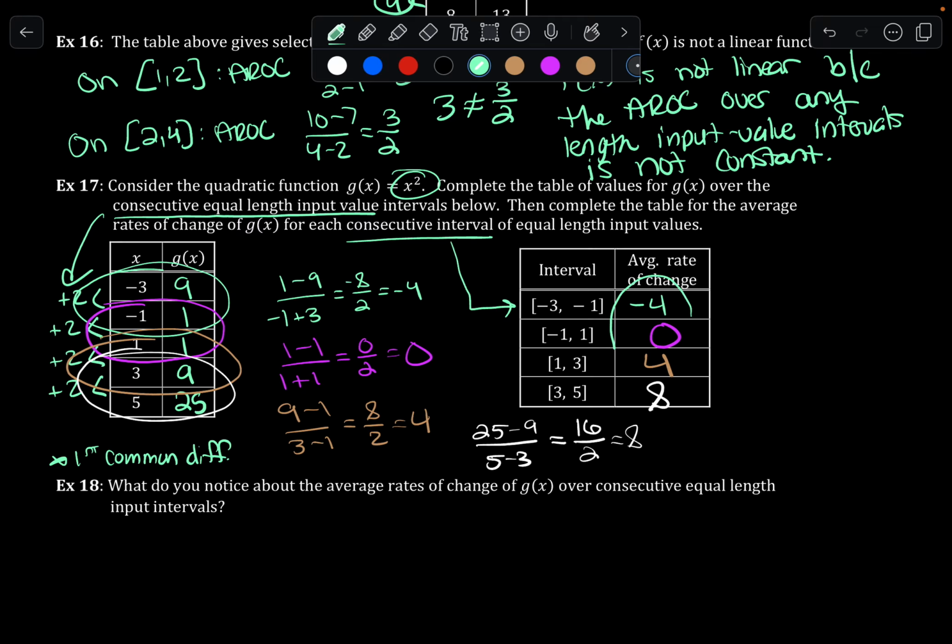That is what these numbers represent. Now we can tell it's not linear because they're all not the same value, but we knew that from the start because it's quadratic, which means we will find a second common difference. So if we look at the second common difference, I'm going to look at -4 to 0, that is +4, from 0 to 4, +4, from 4 to 8, +4. So we just found our common difference, but this is the second common difference.